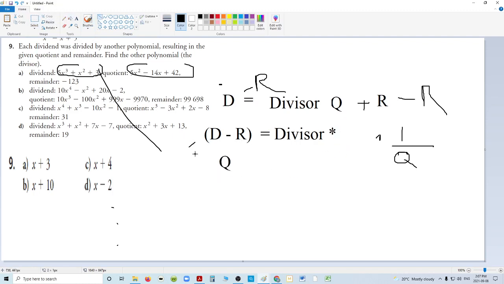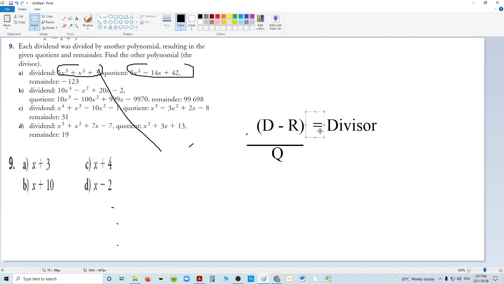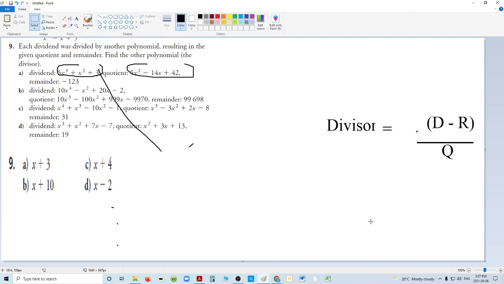Suddenly, I have an equation to find any divisor. It's probably the toughest equation to come up with, too, in this case. So that would mean divisor is equal to the dividend minus the remainder, divided by the quotient.